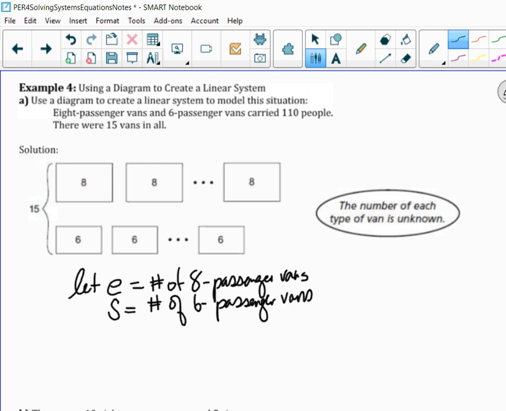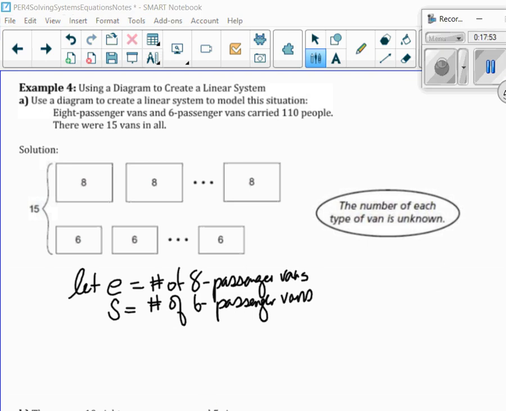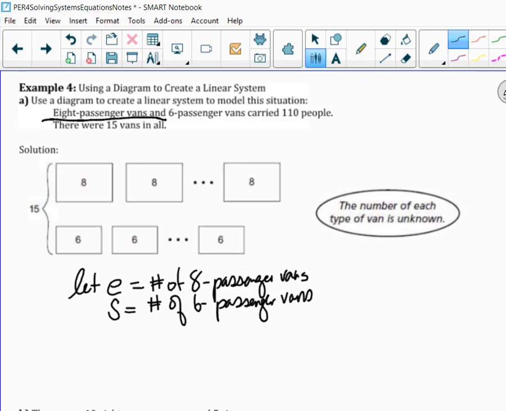Okay, so can somebody come up with an equation? We need 2, but can you come up with 1? Okay, so how about this? There were 15 vans in all. What would have to add up to 15? The amount of vans. And what did I have for my variables here? E is the number of 8 passenger vans, and S is the number of 6 passenger vans.